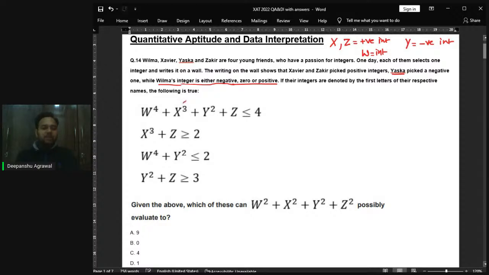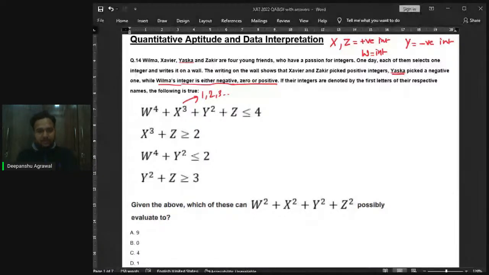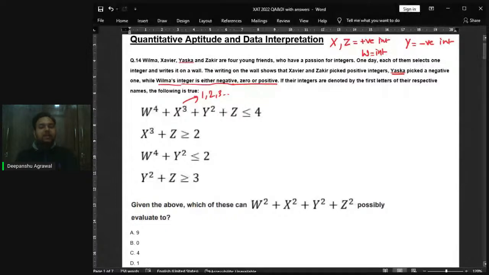The value of x can be 1, 2, 3, any of the positive integers, right? So look closely. If we take the value of x as 2, x cube will make 8, correct? And this would be much greater than 4.